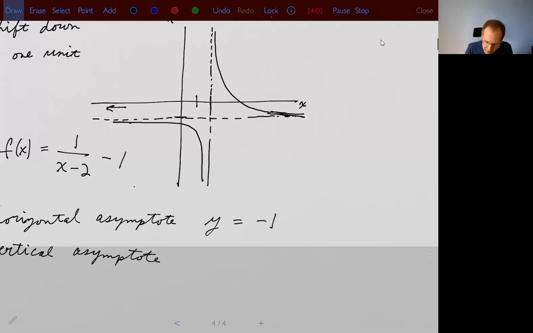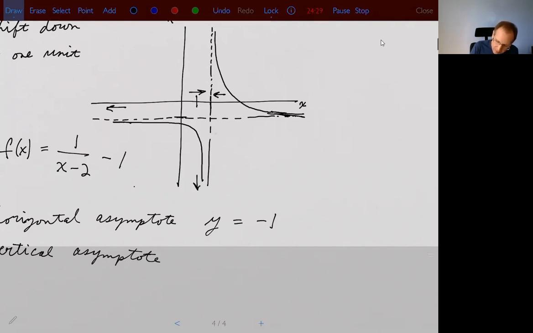And then for the vertical asymptote, the way we figured out is if we approach some value, in this case 2, right? In general it's a, but in this case it's 2. So as x gets closer and closer to 2 from the left or from the right, the function is blowing up. If I get closer and closer to 2 from the left, then the function is going towards -infinity.